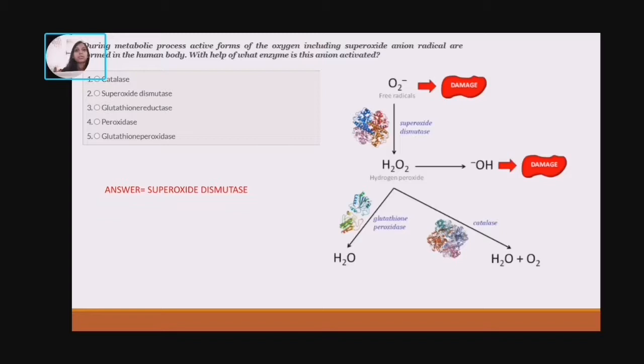But here the question is all about the superoxide anion radical that is formed. With the help of what enzyme is this anion converted? Obviously from the figure itself you can say it's superoxide dismutase.